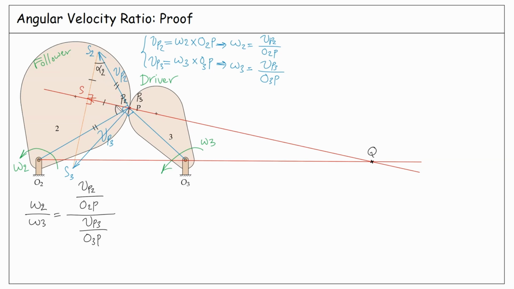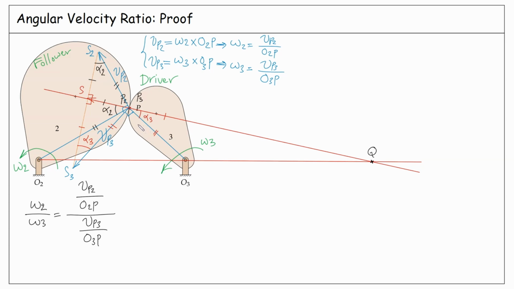Therefore, this angle must also be alpha 2. Similarly, if we assume this angle is alpha 3, it has two sides, side 1, side 2. Side 1 is perpendicular to this line, and side 2 is perpendicular to this line. Therefore, this angle must also be alpha 3.